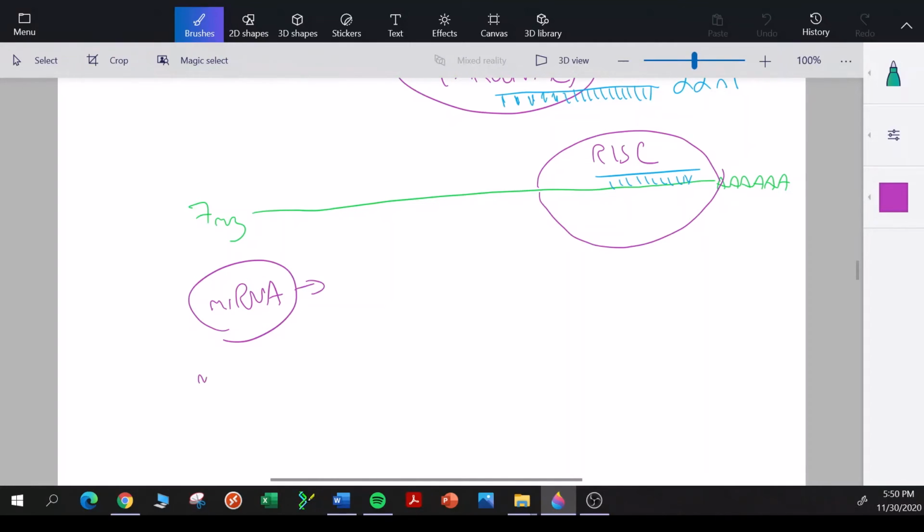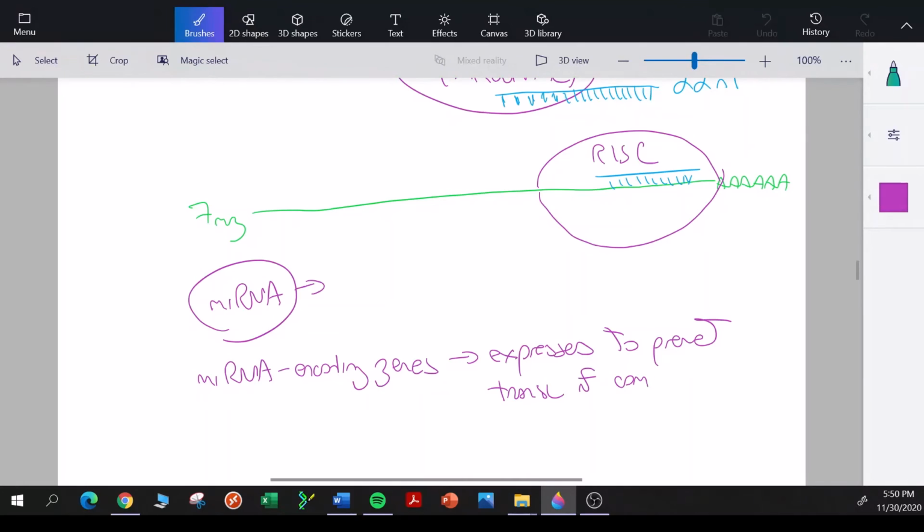So we have microRNA encoding genes which are expressed to prevent translation of complementary messenger RNAs from genes in the same genome.